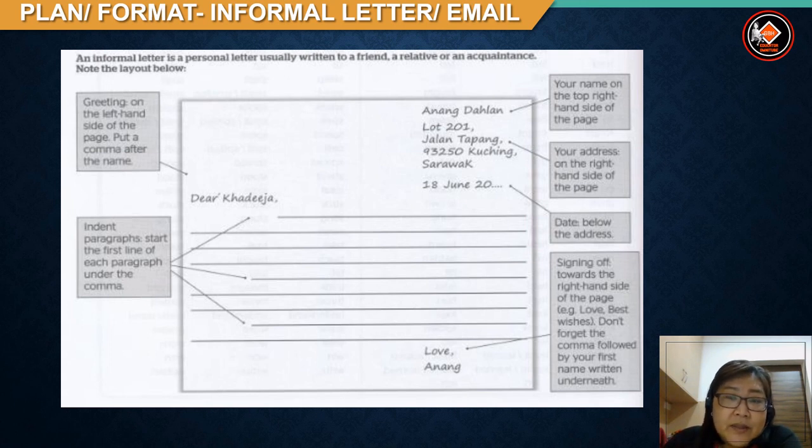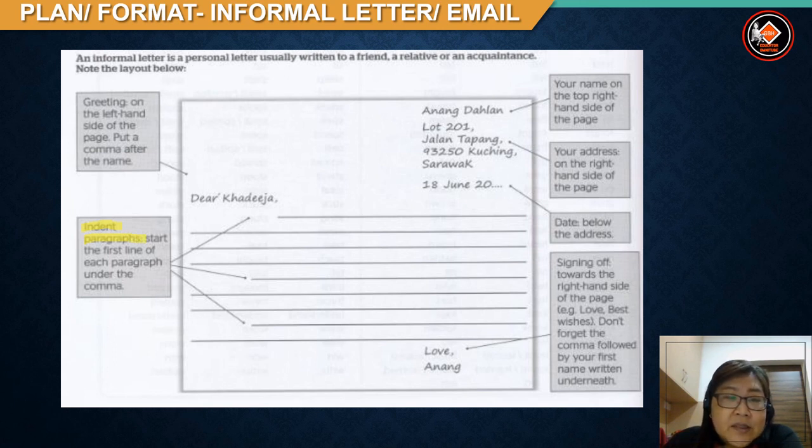And then don't forget, you need to have the salutation or the greeting. Like here, dear Khadija. And then you will write your paragraphs. So the first one, introduction, followed by the contents and the closing. And remember here, you use indent paragraph. Okay, what are indent paragraphs?